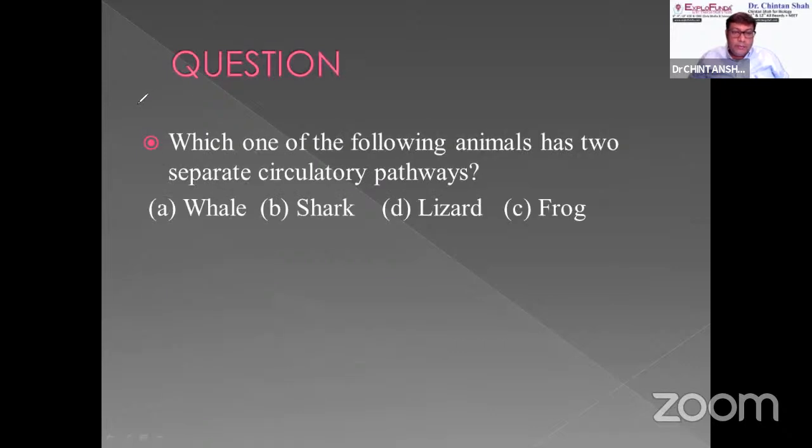So this is 22. Which one of the following animals has two separate circulatory pathways? Why am I asking this? I have a right to ask you. How do you know about this? Because you should know about the different kinds of circulation.